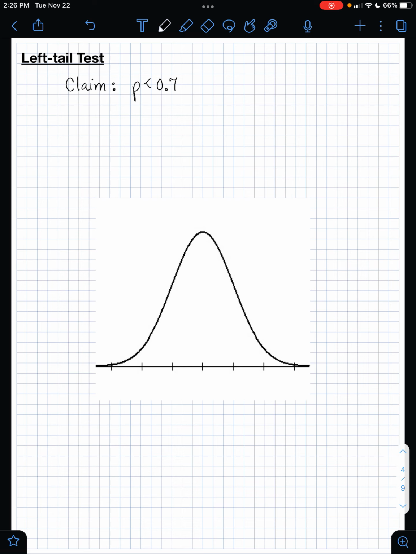This would then be the alternative hypothesis, since it does not include the statement of equality, and therefore p being greater than 0.7 would be the null hypothesis. Whether we are doing a left tail test, a right tail test, or a two-tail test is indicated by which symbol is in the alternative hypothesis. A less than symbol in the alternative hypothesis indicates a left tail test.